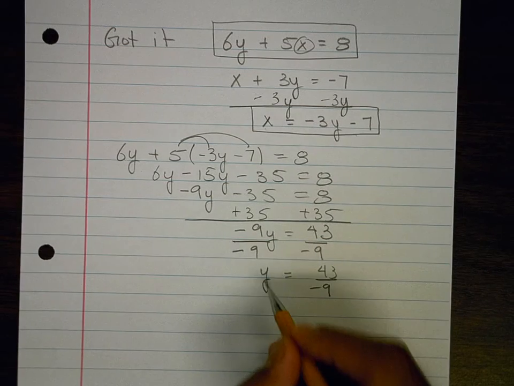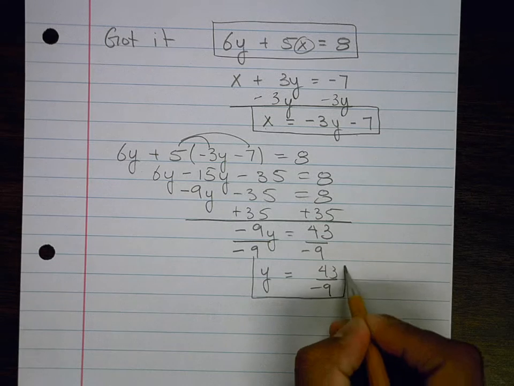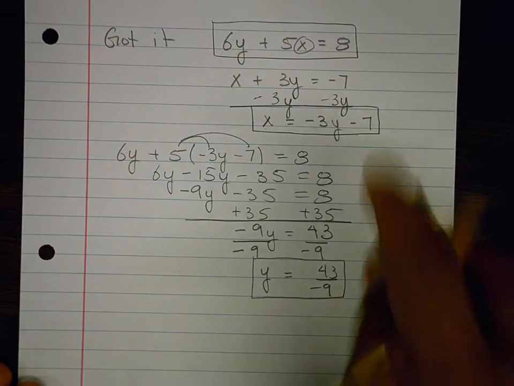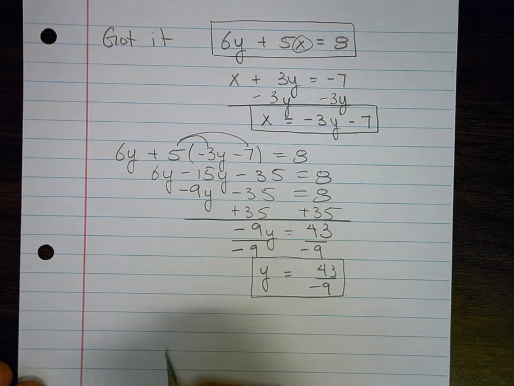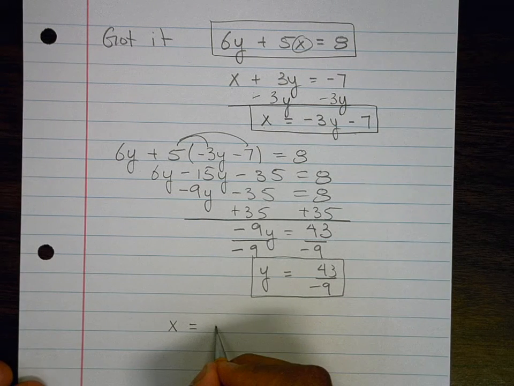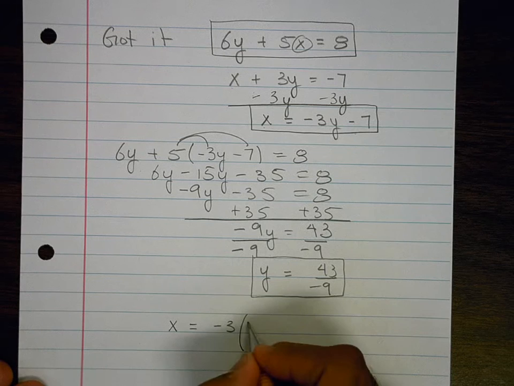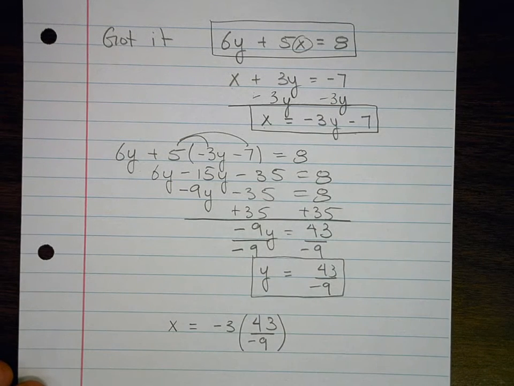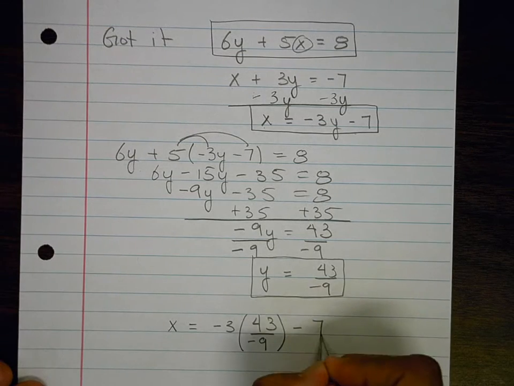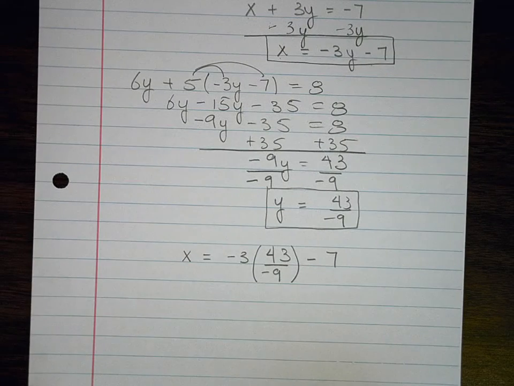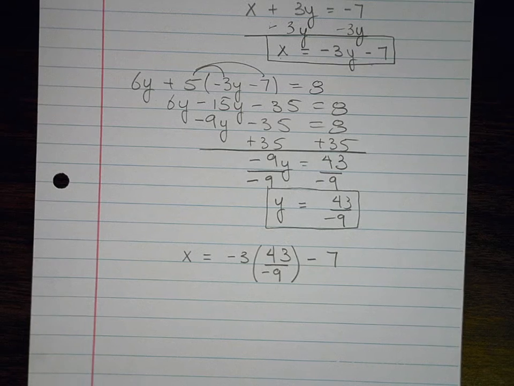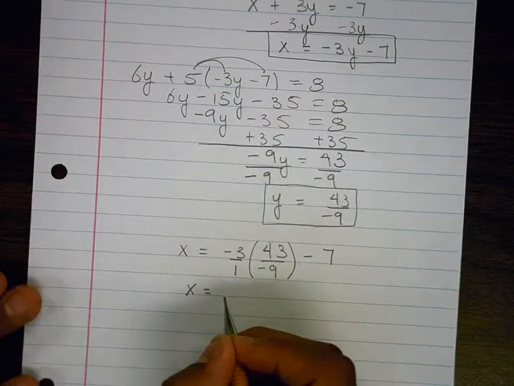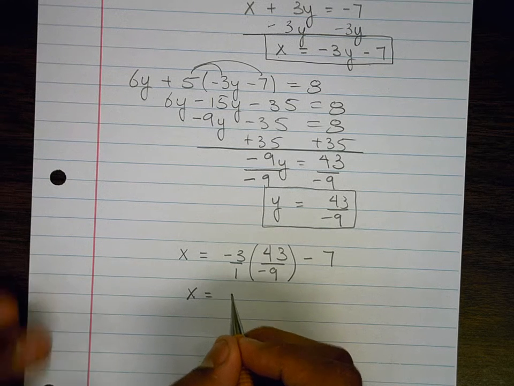So there's my y value. Now I need to plug it back in. I'm going to plug it into this one because I have to find the x now. So 43 over negative 9 minus 7. I'm going to put this over 1, and I get x equals negative 3.